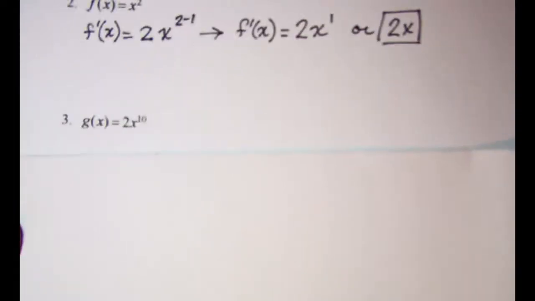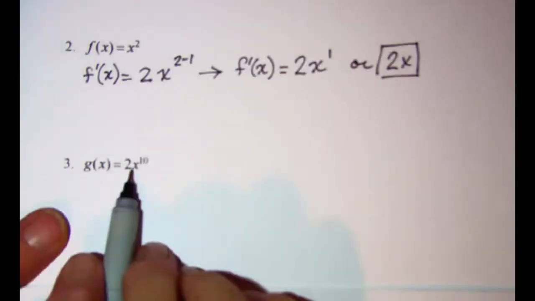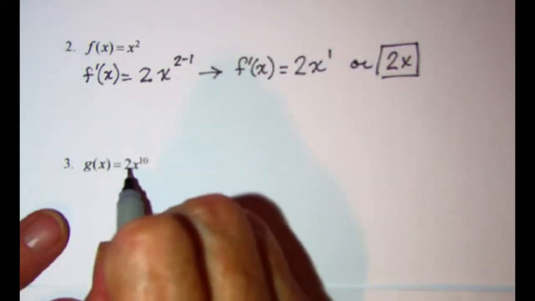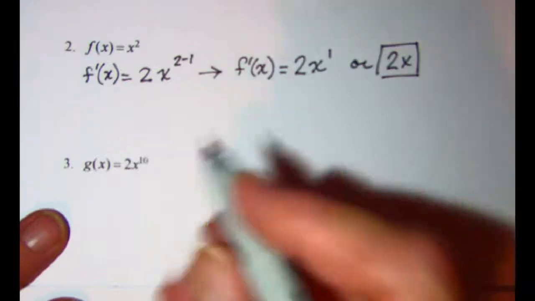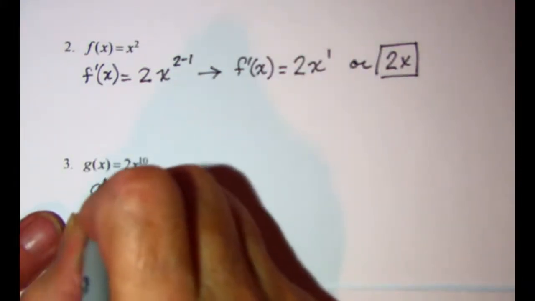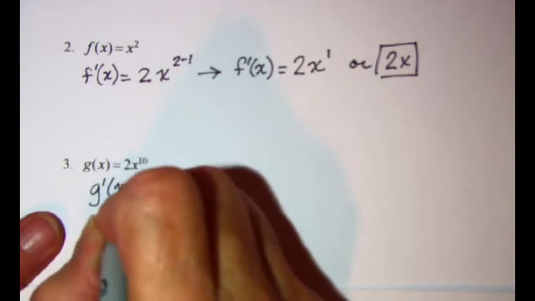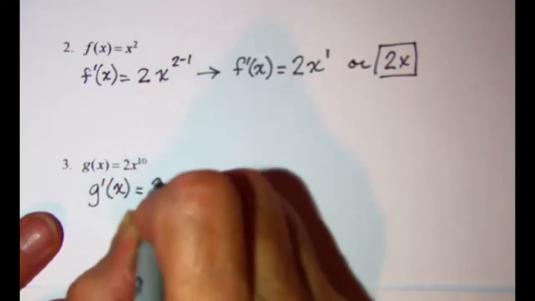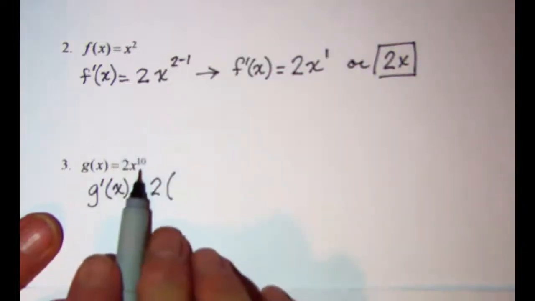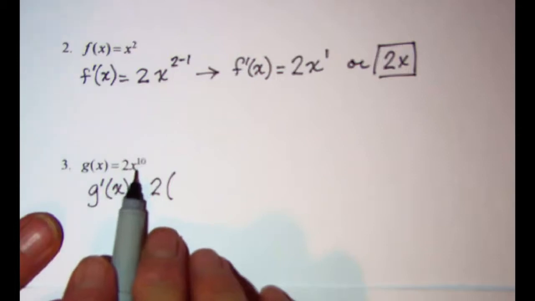Our next example is 2 multiplied by x to the 10th power. This 2, we're not going to do anything with it as far as finding the derivative, except to keep it there. So my derivative, g prime of x, is going to be 2 multiplied by the derivative of x to the 10th power, and I can use the power rule on that.